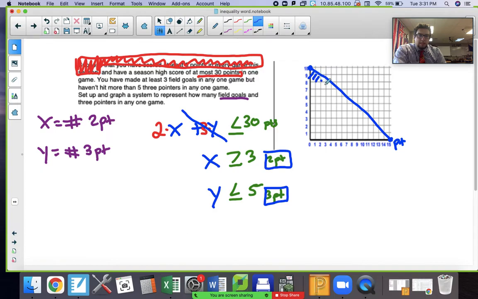We scored less than 30 points. Then our 2-pointers, we scored at least 3 of them, but we didn't score more than 5 3-pointers.